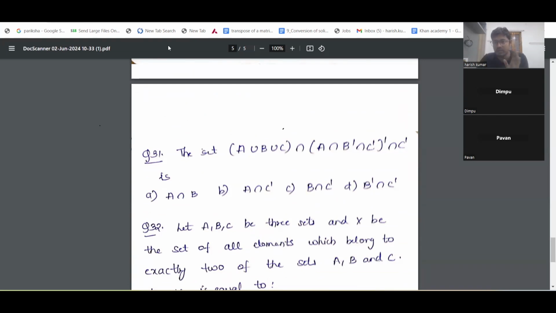Whenever there is a distribution including three sets, whatever we learned was X union Y intersection Z is nothing but X union Y intersection X union Z. So we learned between three sets. Whenever there are more than two sets, the only thing you have to do is consider some of the sets to be a single set.